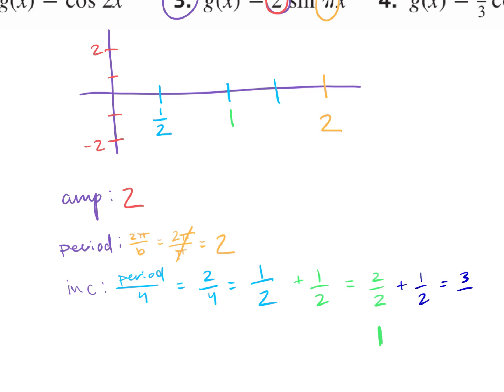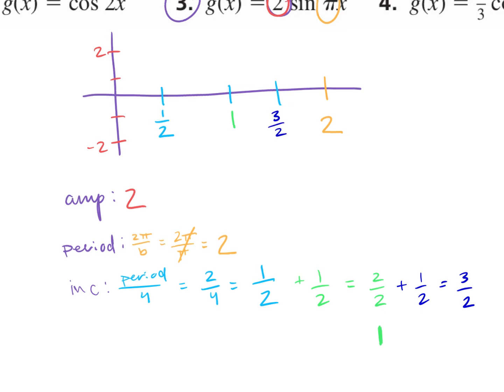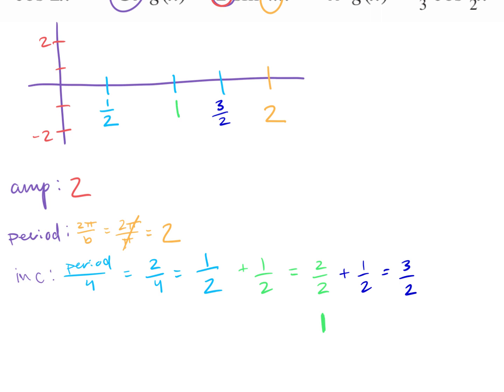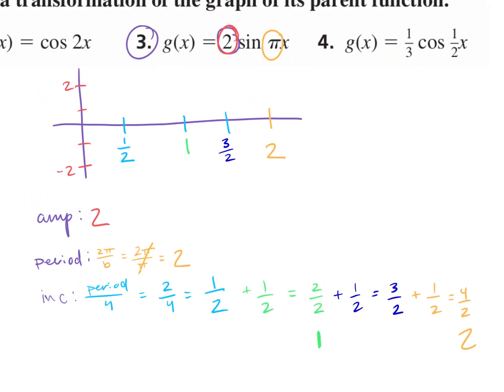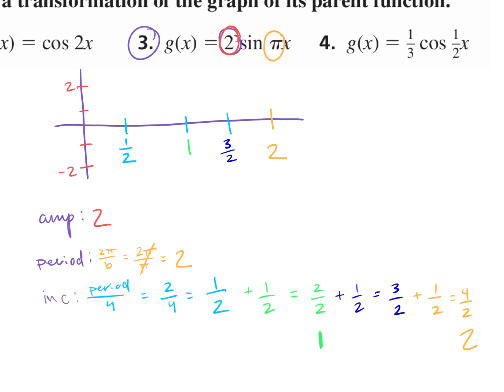So this would give us 3/2. How do I find the last increment? Add 1/2, so that would be 4 over 2, which is 2, which is where we stop. Any questions on the key points that we just did?